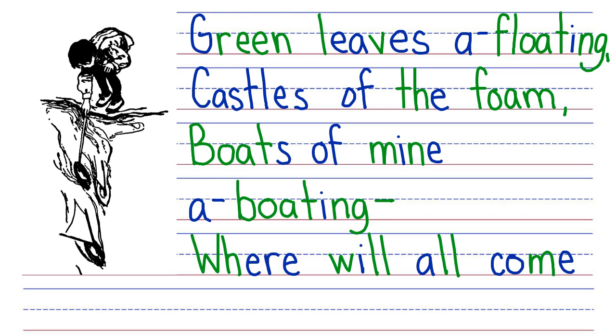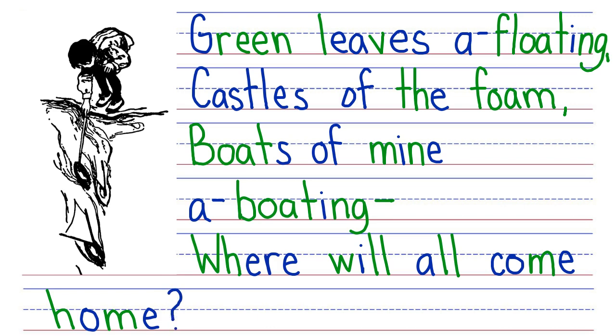Last word, home. H that says H. O that says O. M that says M. Silent final E makes the O long. H, O, home. And this line ends in a question mark.